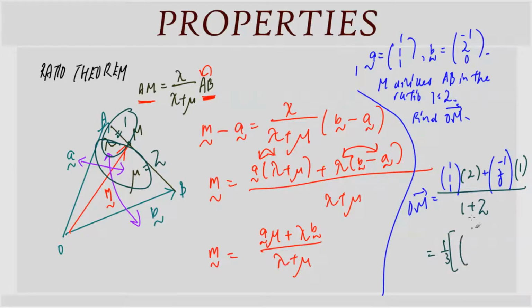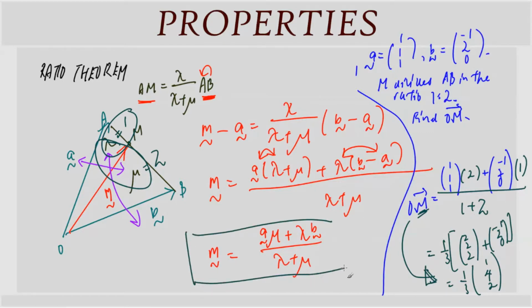We have 2 times (1, 1, 1), that's (2, 2, 2), plus (-1, 2, 0). And this gives us 1/3 of (1, 4, 2). So we successfully found the position vector of point M. The ratio theorem is kind of complicated with this formula over here, but the idea behind it is really simple.